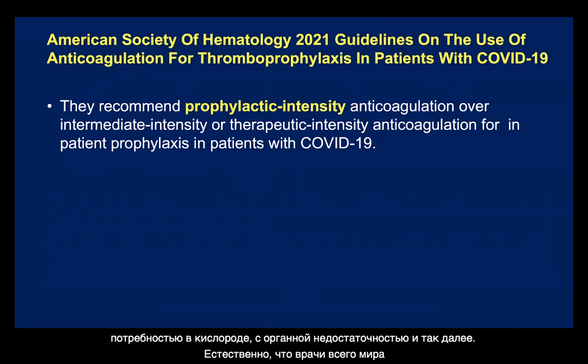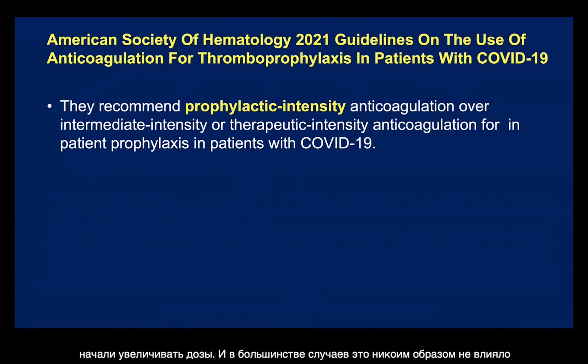So naturally, clinicians all over the world started to jack up these doses higher and higher. And under most circumstances, those doses did not necessarily change the death rate in most of the patients. In some patients it lowered the DVT rate, and there are sporadic reports of changes in death regarding this. But in general, it was a real conglomeration. Nobody really understood what to do.